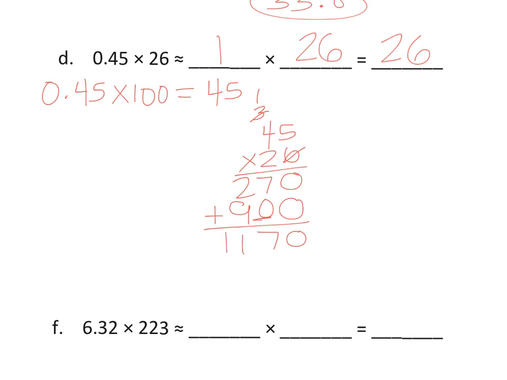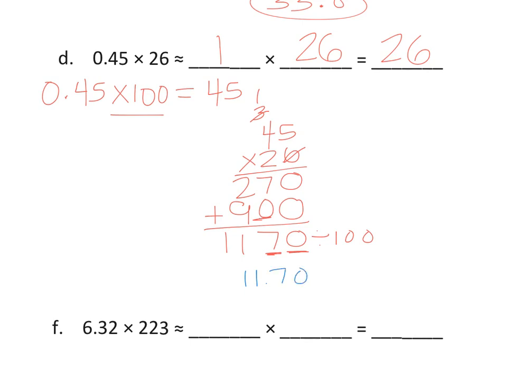And so 1,170 is definitely bigger than 26. So we have to remember, hey, let's go ahead and divide by 100 since we multiplied 45 hundredths by 100. And then since it's dividing by 100, this is going to be the hundredths, this is going to be in the tenths. So our decimal point is going to go in between the 1 and the 7.